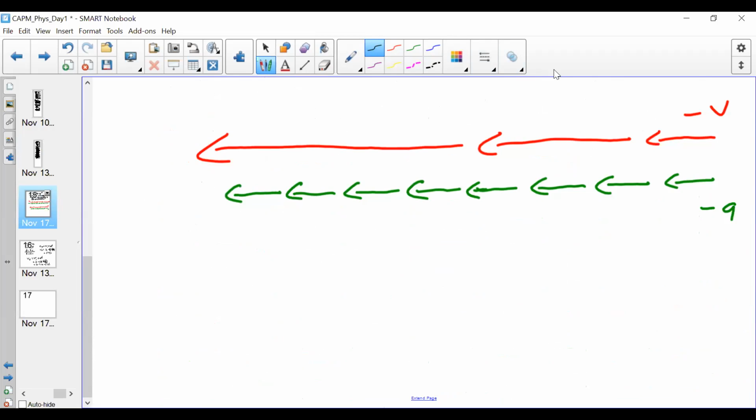Now, what we're about to see today is a slowing down case, because I want to start talking about a deceleration curve.